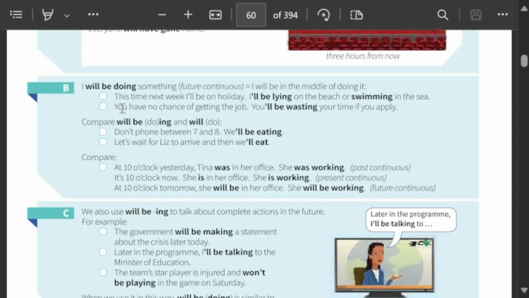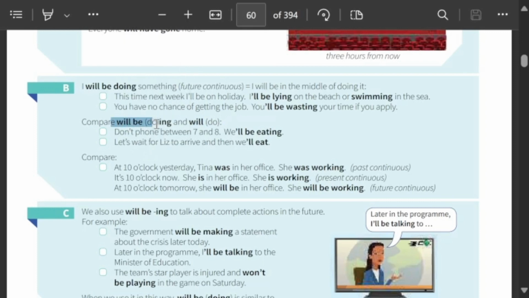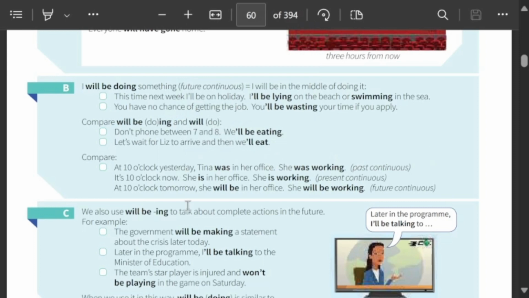Now let's compare will be doing and will do. You see, this is future simple, will do. And will be doing is future continuous, will be doing. So let's compare these two. Don't phone between 7 and 8. What tense is this sentence?